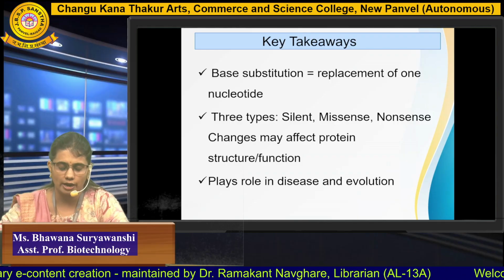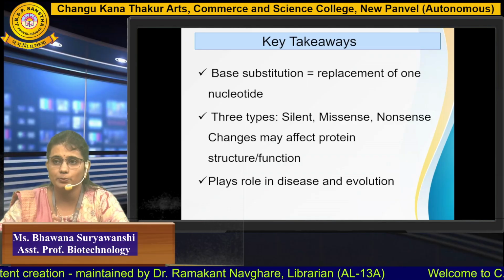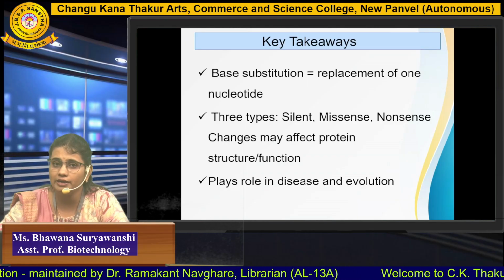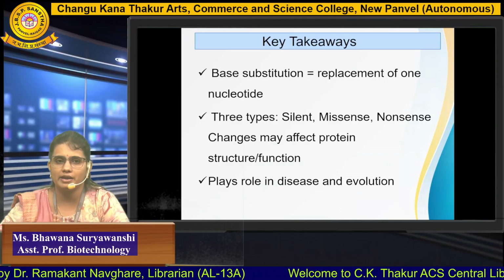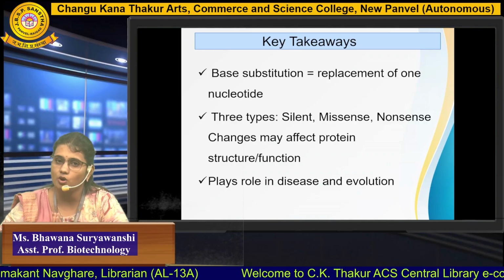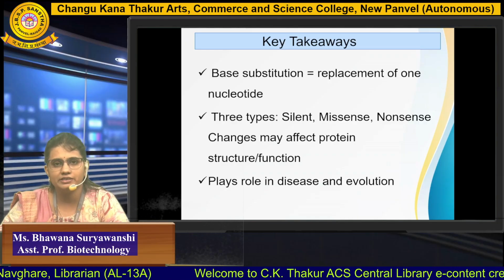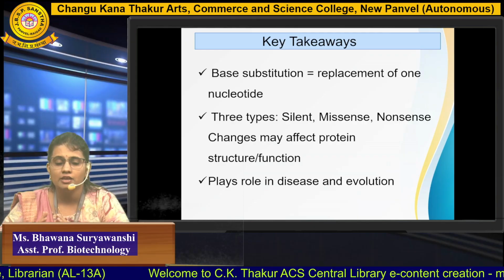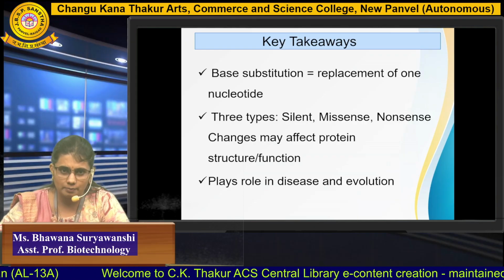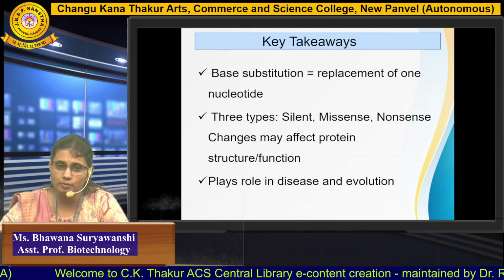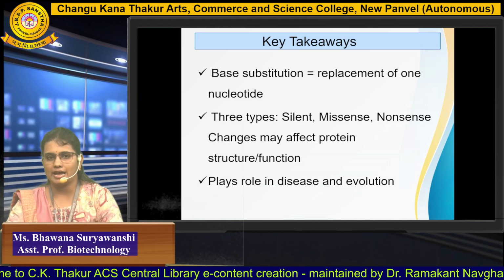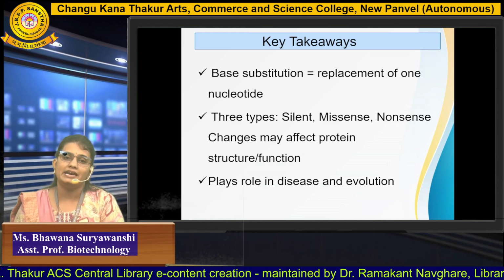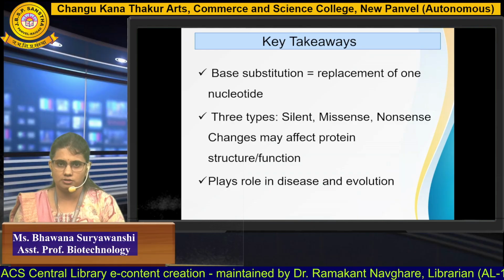Here you need to understand that the nucleotide sequence has not been added or deleted, it is just replaced. So the total length of the polypeptide chain or the sequence is constant. Three types we have seen: silent, missense, nonsense. Changes may affect the structure of the protein, and may also affect the function of the protein, and it plays a key role in disease and evolution.